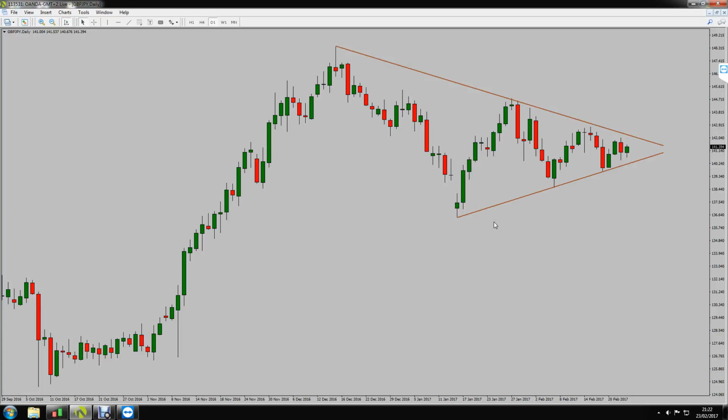Right now we are in a phase of this range when we will have more dojis. It's a characteristic of the price.